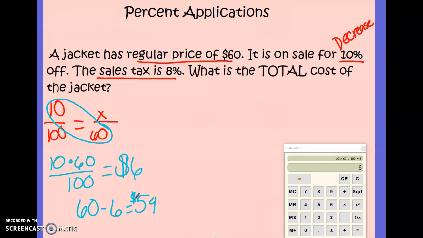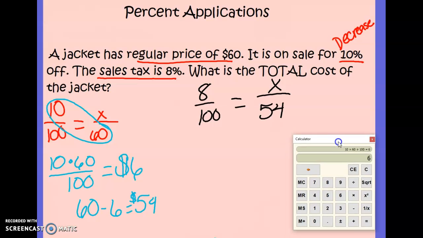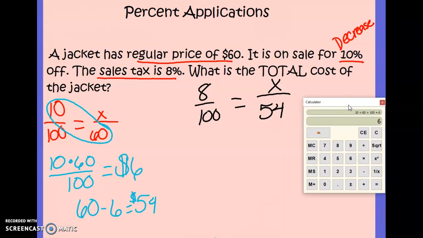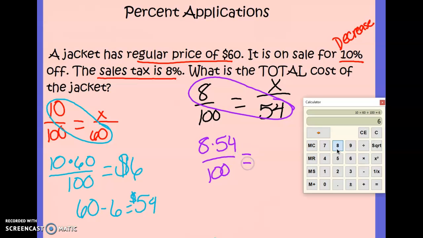Okay, so our second ratio is going to be 8 out of 100, and 54 is our new original amount, because we're using our discounted price to add our tax to it, right? So 8 times 54 divided by 100 gives me $4.32.